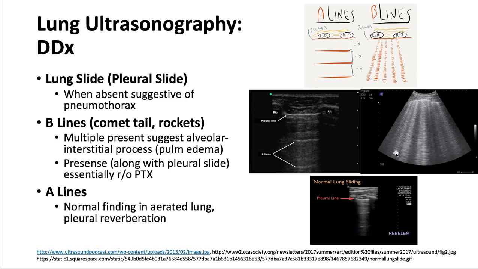And interestingly, the presence of these along with pleural slide essentially rules out pneumothorax. So if you're worried about pneumothorax, look for pleural slide, and if you have B lines going through the field, that means that air is not present in the pleural space, blocking ultrasound waves as they come in, because ultrasound doesn't travel well through air. And if you can see these B lines along with pleural slide, unlikely to have a pneumothorax.